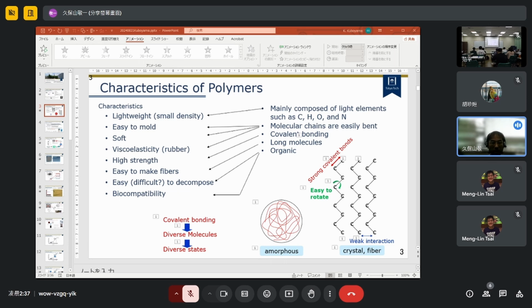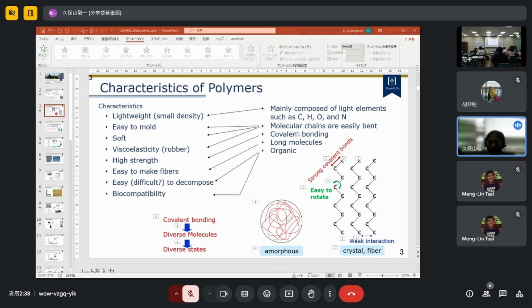The polymer chain consists of such a zigzag structure, and it is flexible, so it bends at many points. Then the polymer chain can bend at each point and form the amorphous structure, which is also called a random coil.